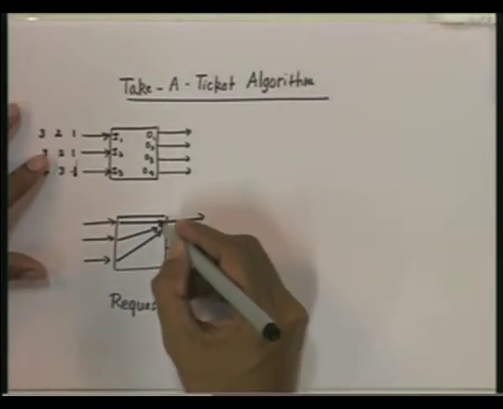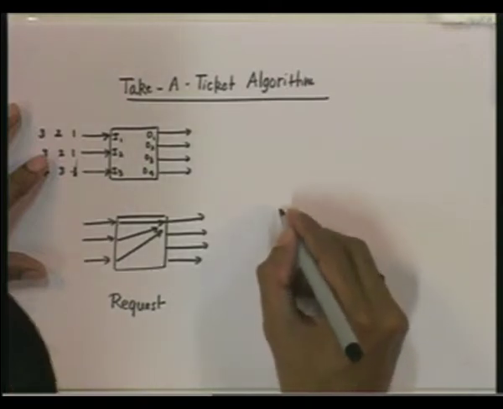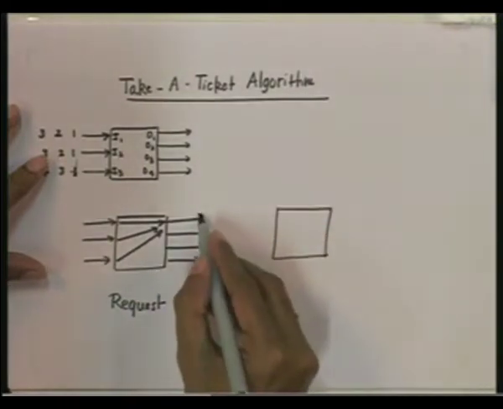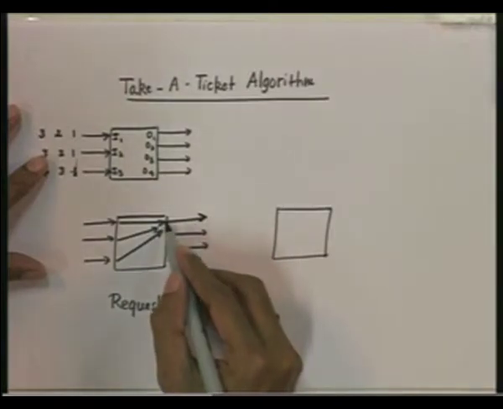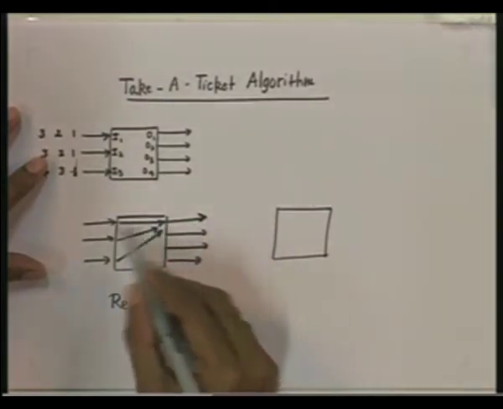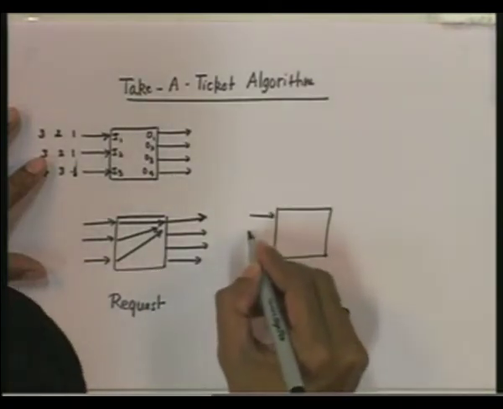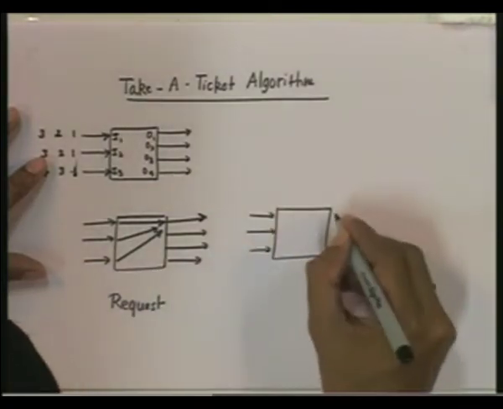Now the grant phase. In the grant phase, output port 1 obviously can have only one input port, so it will grant to only one input port at a time.